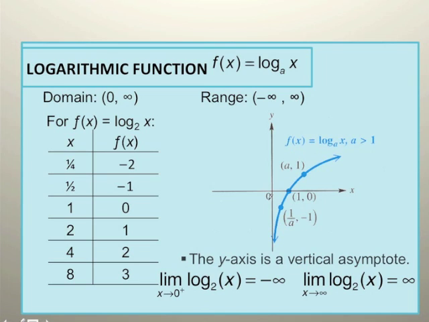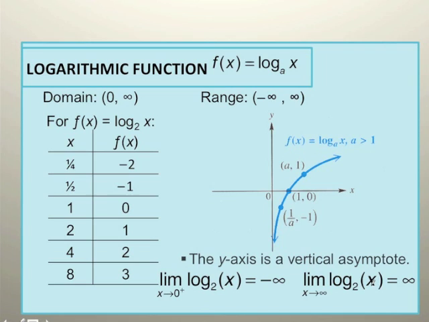The y-axis now becomes a vertical asymptote, and the limit of log base 2 of x as x goes to 0 from the positive side, that's what this little plus means, is negative infinity. You can see it's going down to negative infinity.